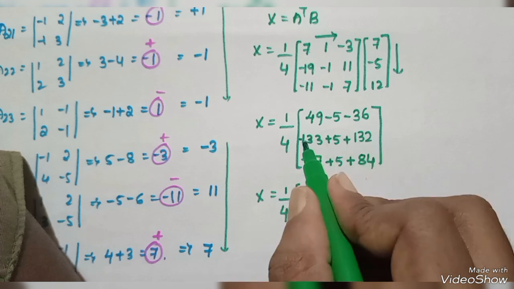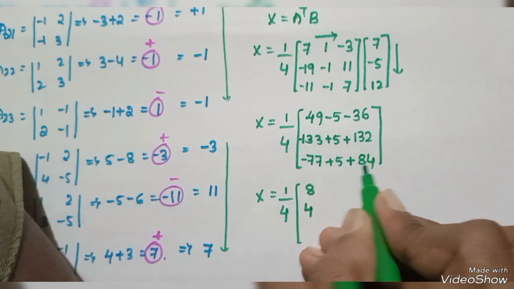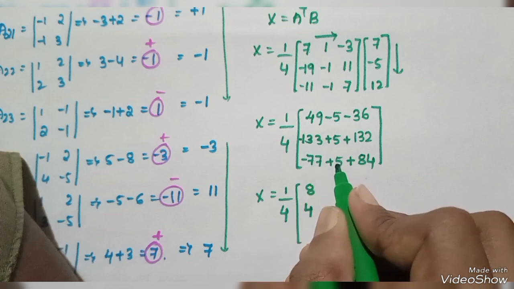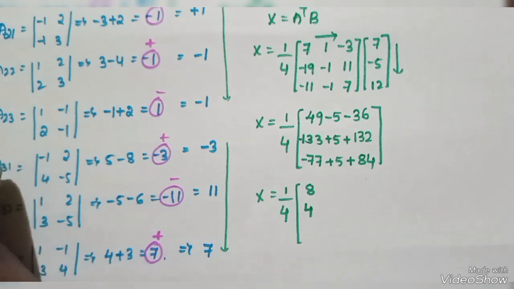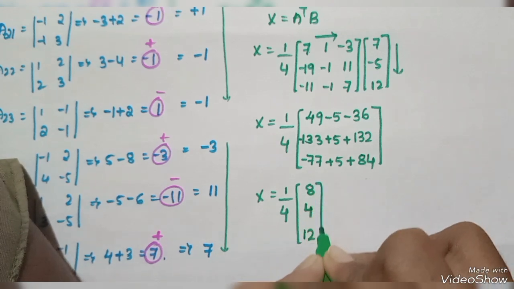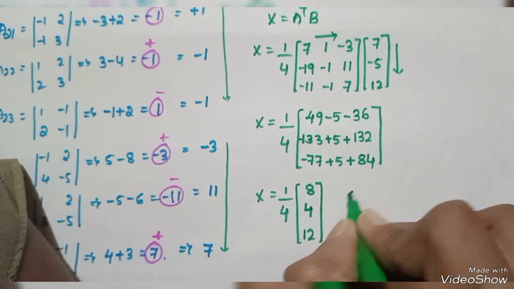Okay, here minus 1, 5 minus 1, 4. Next 77 minus 5, 72. 84 minus 72, it becomes 12. Okay, now multiply each by 4.